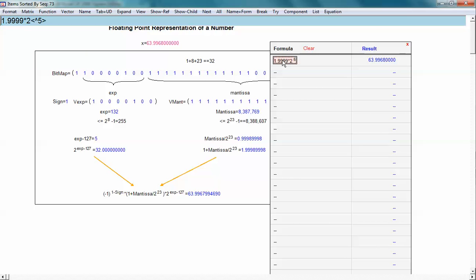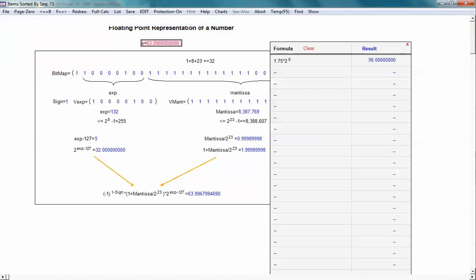Actually, I want to change that. Let me make it a machine number. Let's suppose it's 1.75, just to keep it real. Let's suppose we have this number here, and we want to know, how do I compute this exponent and this mantissa directly from that number? I don't know them, I just know x.